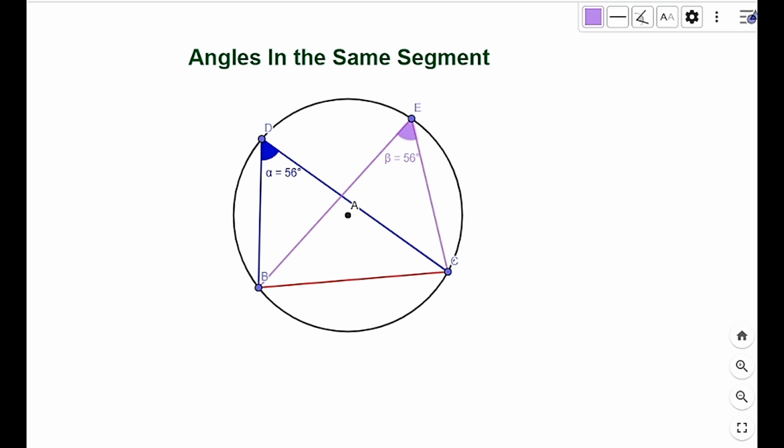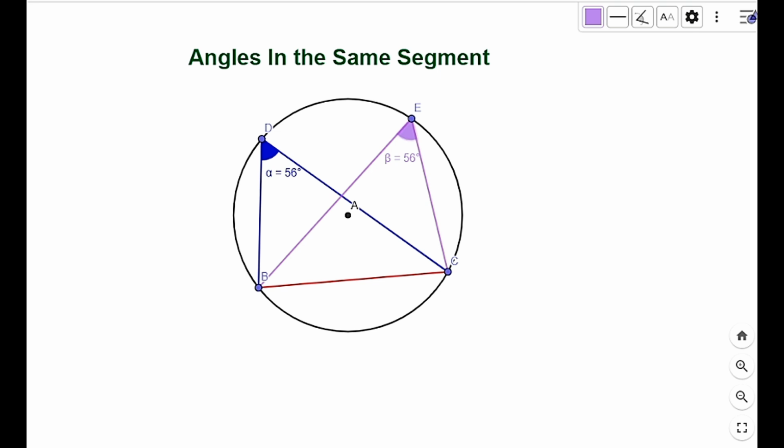Here we can see that the angle subtended by the segment BC at the point D, which is on the remaining part of the circumference, is 56 degree, and by the same segment BC on another point E is also equal to 56 degree.